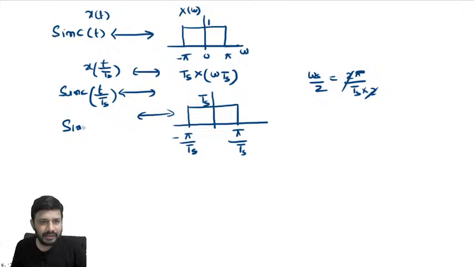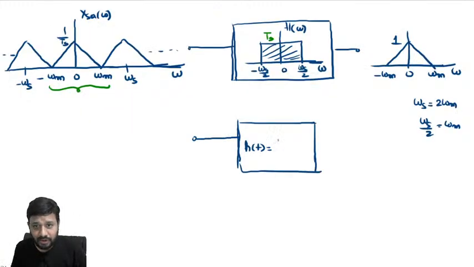Sinc pulse. Sinc of t by Ts. Remember, sinc of t by Ts, this analysis. So what is the impulse response? Sinc of t by Ts, right? So the equivalent of frequency response, that is the impulse response, I got.